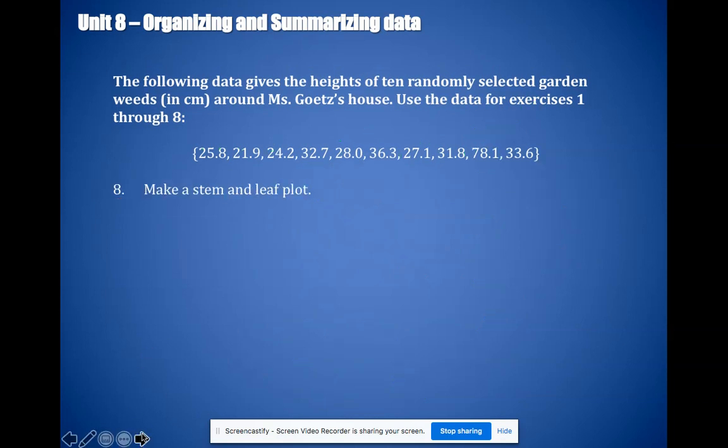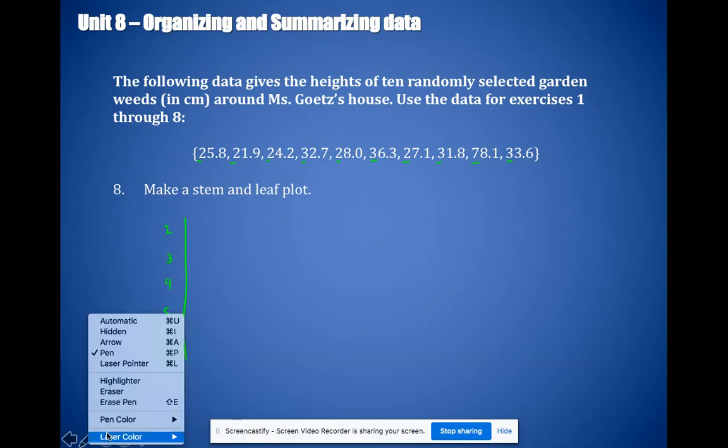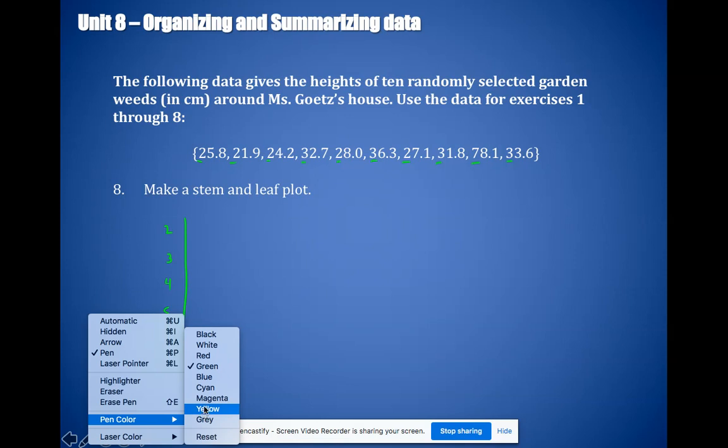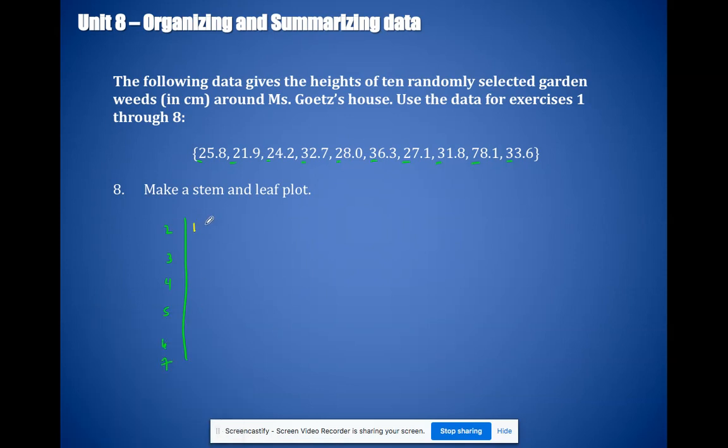Stem and leaf, again, pretty sure you've made a stem and leaf before, right? So for a stem and leaf, there's your stem. There's many different ways to do this. If I just do it with the first digits there, the tens place, I have a 2 and then a 1, 9.